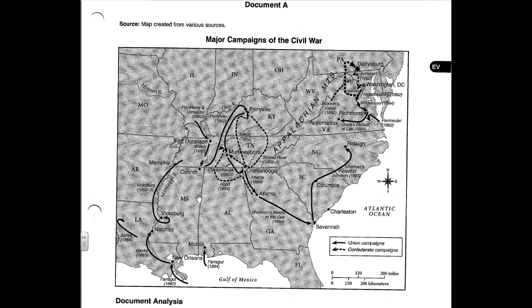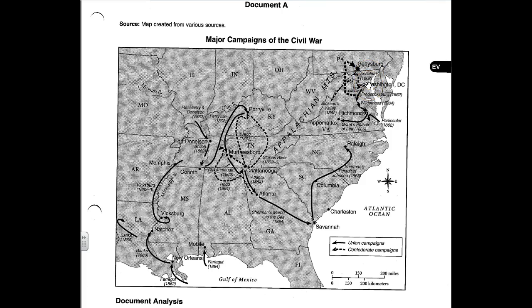A second way Lee hoped to discourage the North was to invade the North. And if you'll see here, in the major campaigns of the war map, most of the campaigns take place here in the South and in the West, with the exception being the Gettysburg campaign up here.